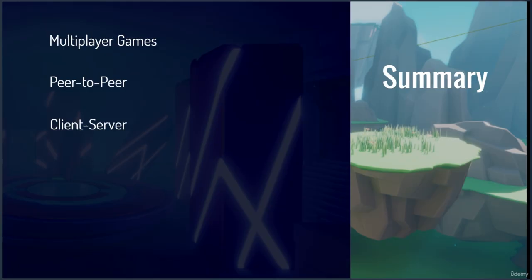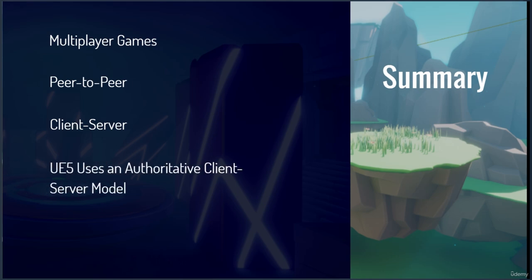We mentioned that the server could be a listen server, where a player is actually playing the game on that machine, or a dedicated server, where the machine is dedicated to simulating the authoritative version of the game and replicating information down to all clients. We mentioned that Unreal Engine uses an authoritative client-server model. Whether that server is acting as a dedicated or a listen server depends on how you configure your project.